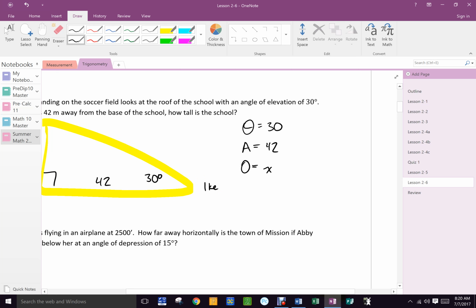What uses A and O? Tan. Tan 30 equals O over A. Numbers on the bottom, so what do we do? Multiply. 42 tan 30 equals our answer.